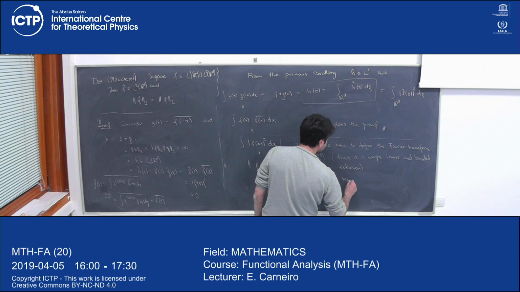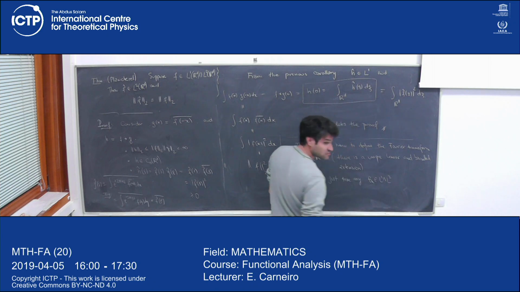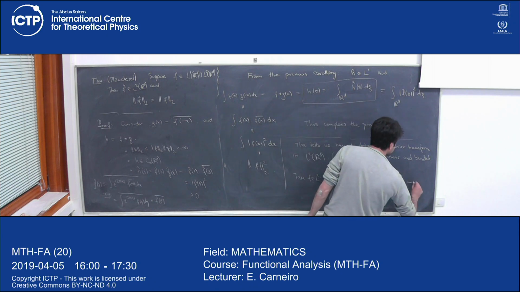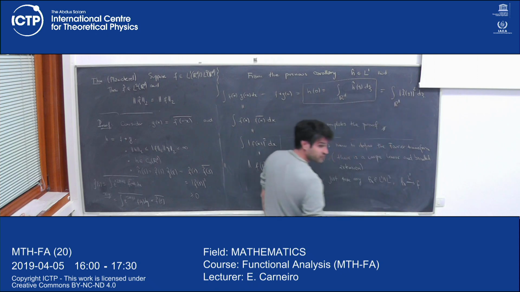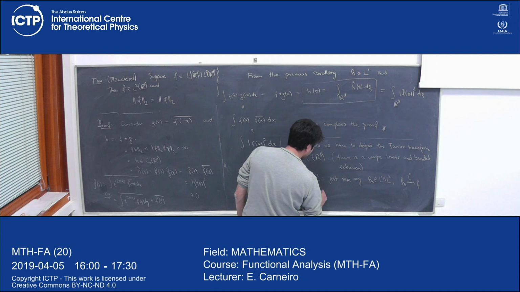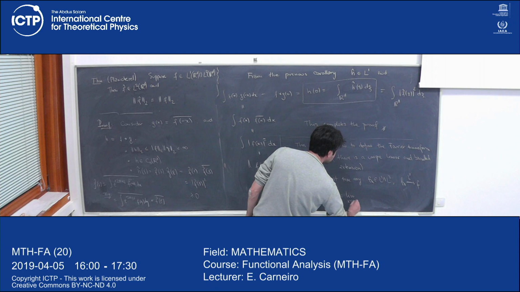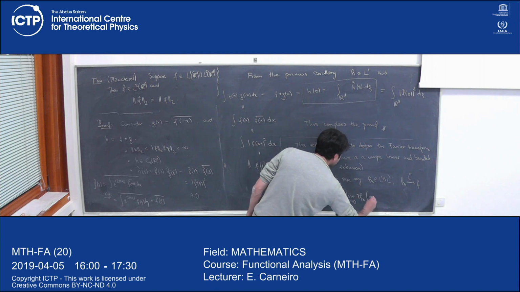Take any sequence f_n belonging to L1 intersection L2, f_n converging to f in L2 norm, and define T of f as the limit, as n goes to infinity, of T of f_n in L2.